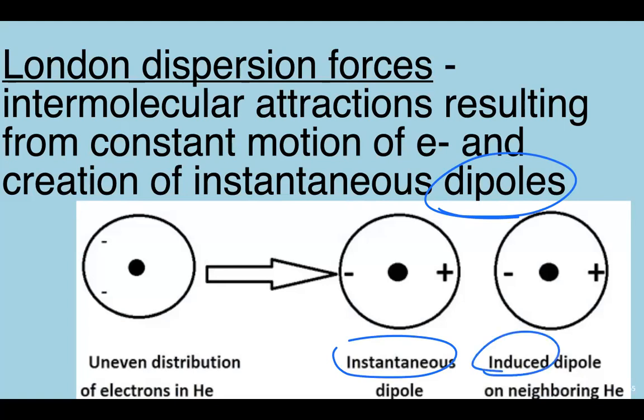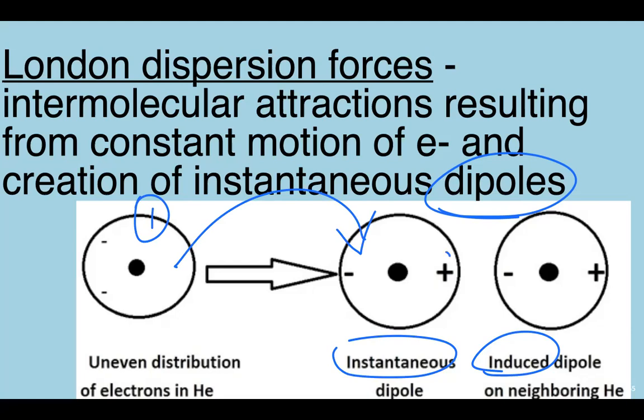Now for this one, this is called induced dipole because we're looking at helium, right? Helium has only 2 electrons. So here's the first illustration. In this example, both electrons are on the left-hand side, and this creates an instantaneous dipole, which means it automatically and instantly creates a negative charge on the left-hand side and a positive charge on the right-hand side.